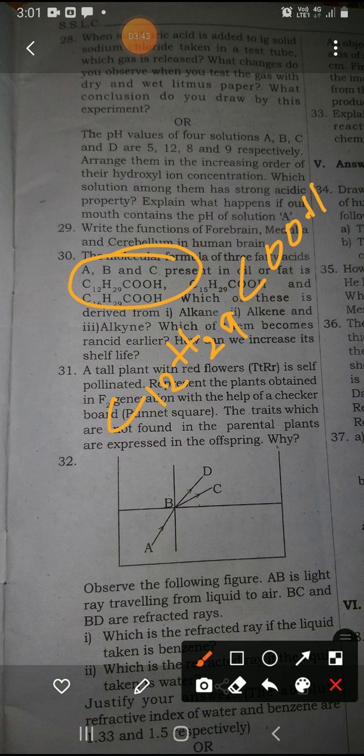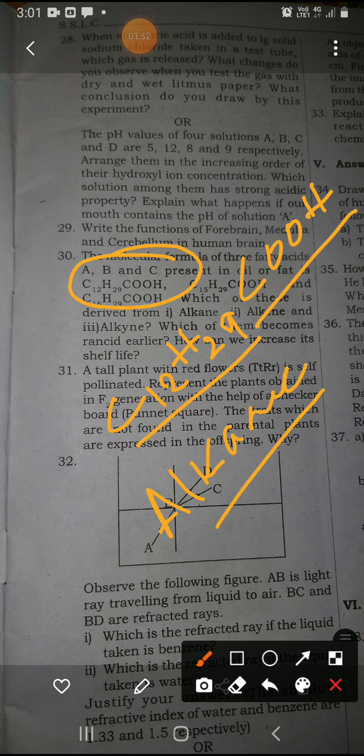This is the functional group, carboxylic acid. So with C12H29, we call this alkane. Got it.